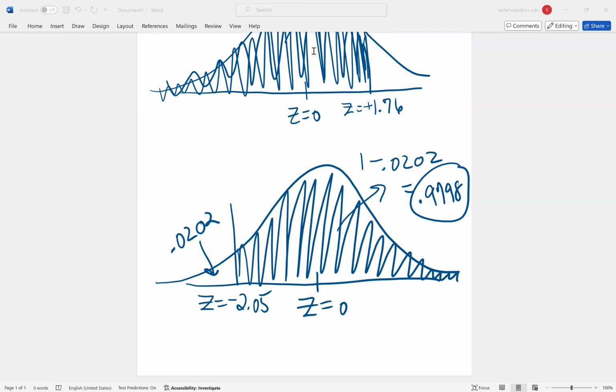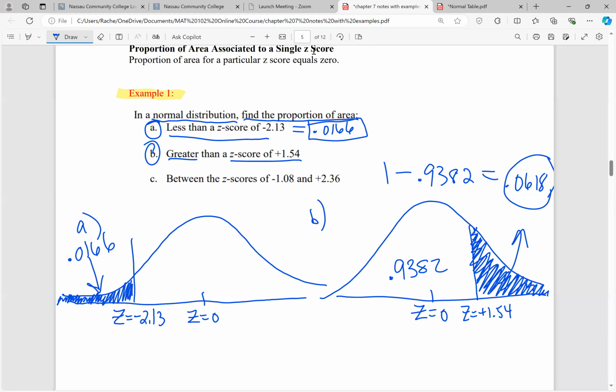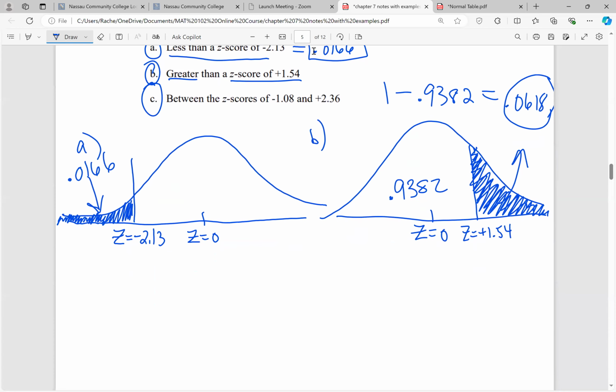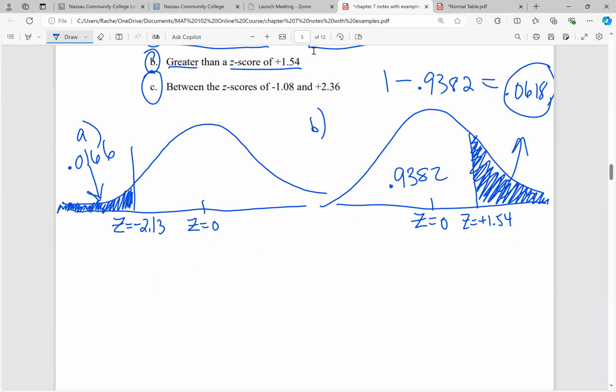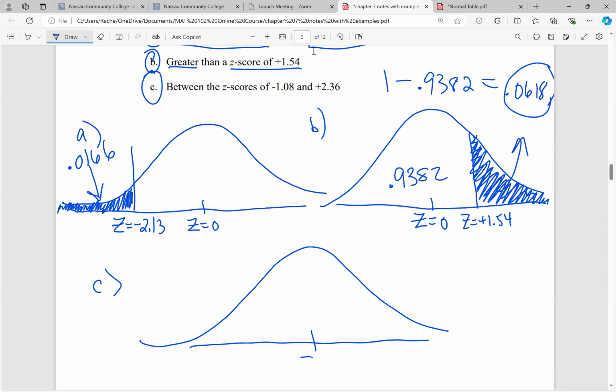And let's do part C. The last part of this question is asking us to find the area between a z-score of negative 1.08 and a positive 2.36.